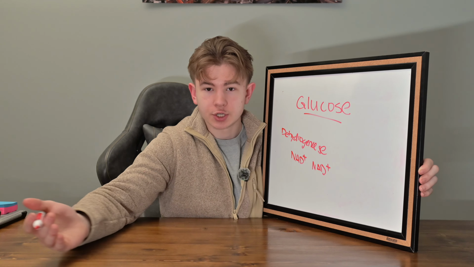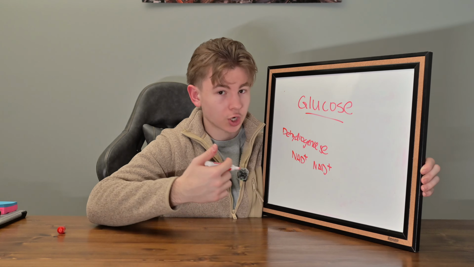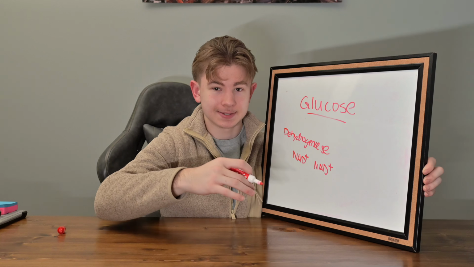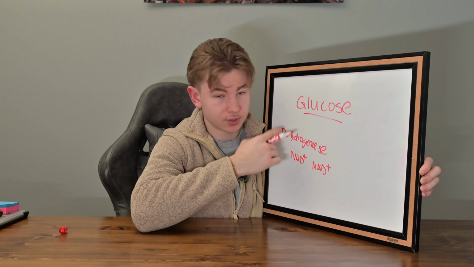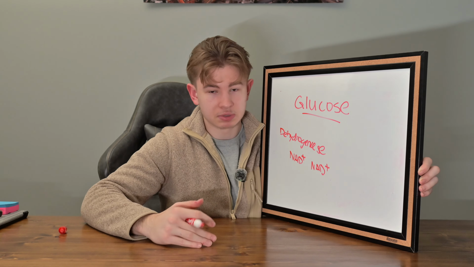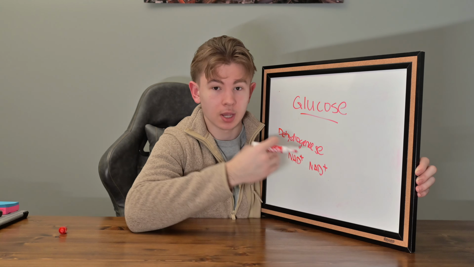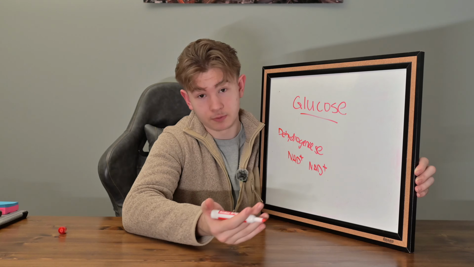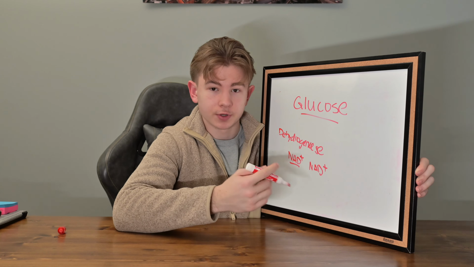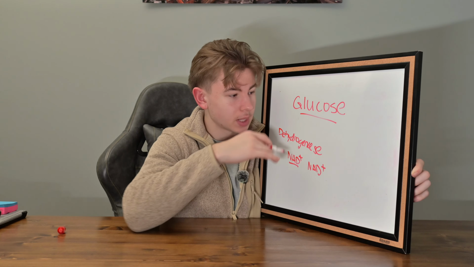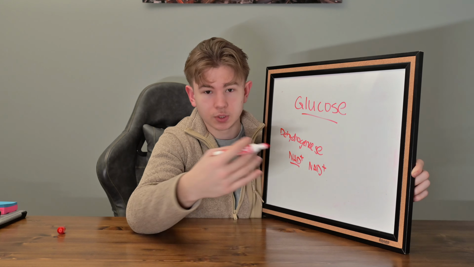So dehydrogenase is an enzyme. Coenzymes are essentially a part of that enzyme that allow the enzyme to work. It's just as the name implies: it works together and helps the overall enzyme perform the function that it is meant to perform. NAD positive is referred to as an electron carrier. We know that glucose is made up of atoms, and what do we know about atoms?